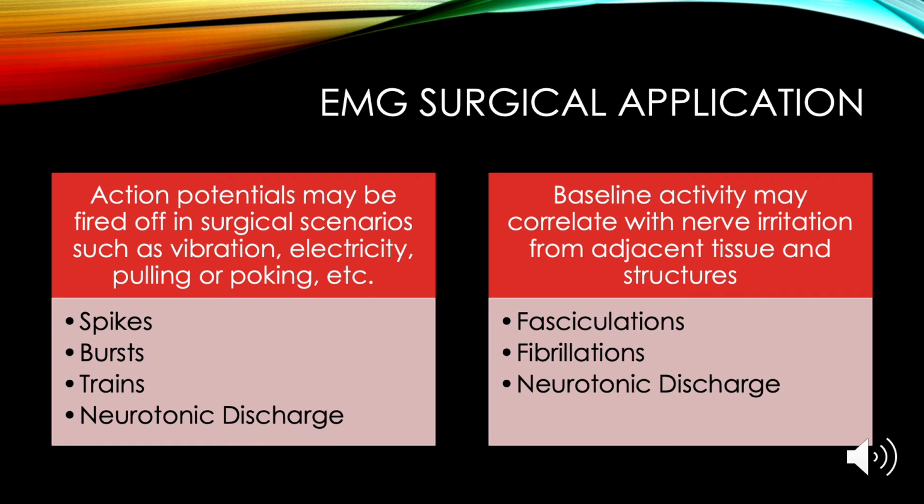And lastly, neurotonic discharge is a high-frequency compressed spike train which correlates with nerve injury and possible post-operative deficit. Additionally, baseline activity can correlate with nerve irritation from adjacent tissues and structures, and this is going to be manifested as fasciculations, fibrillations, and even neurotonic discharge as well.